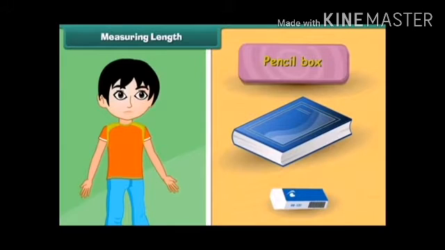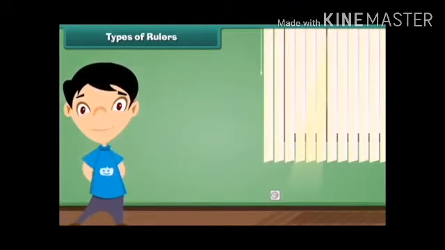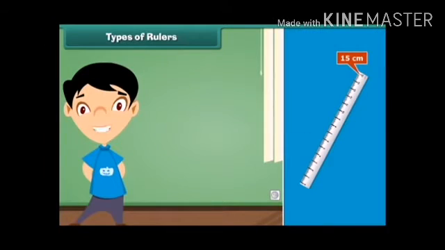Ruku wants to measure the length of different objects. Will you help him? Click on each object to measure its length. A ruler comes in different lengths. The first ruler can measure length up to 15 centimeters.